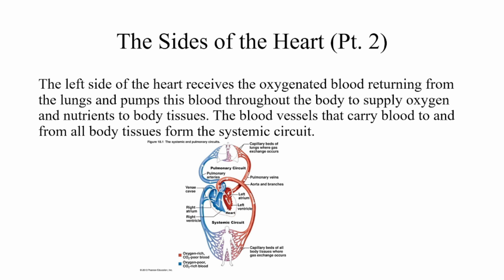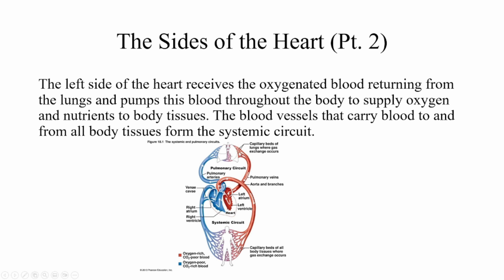The blood vessels that carry blood to and from all body tissues form the systemic circuit. If you remember, before we were talking about the pulmonary circuit. Now we're talking about this systemic circuit down here. So, completing this visual journey: the oxygen-poor blood comes into the lungs and gets filtered. Once the filtering's done, it becomes oxygen rich.